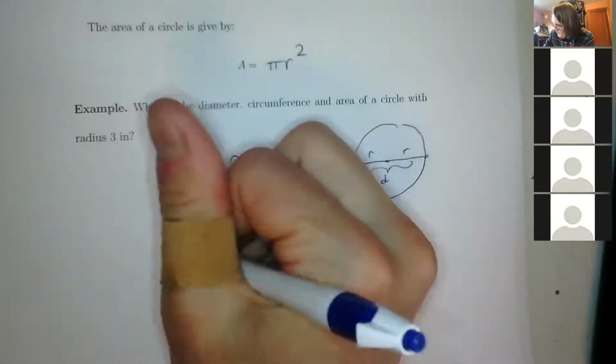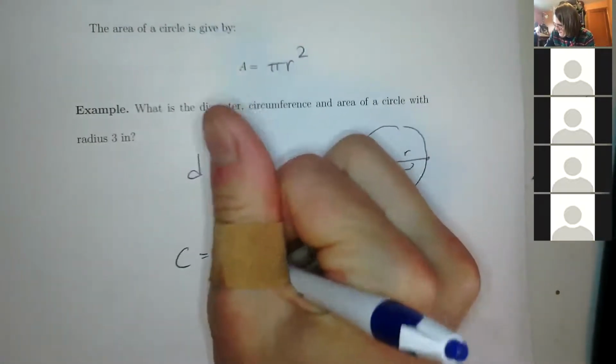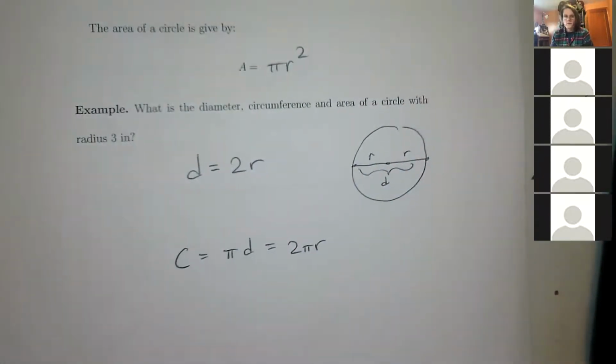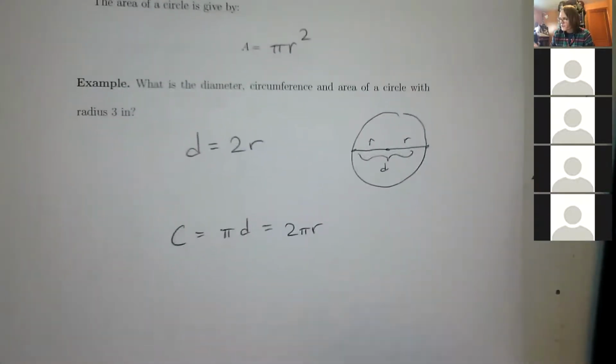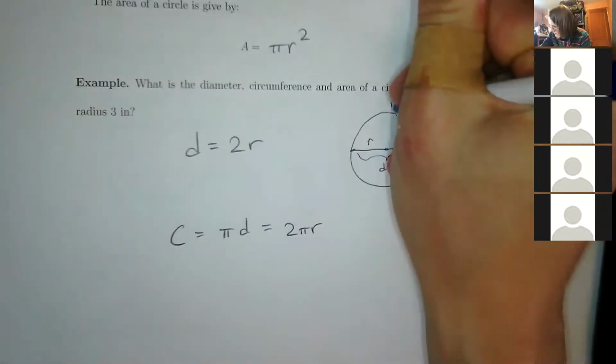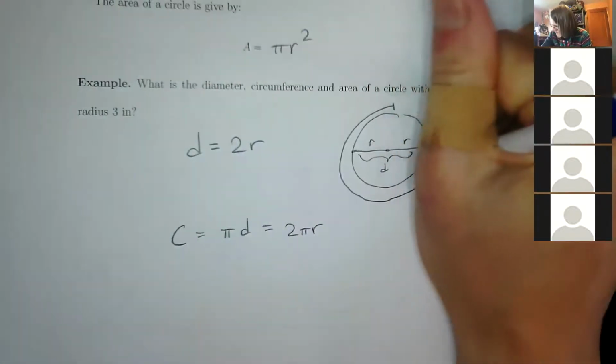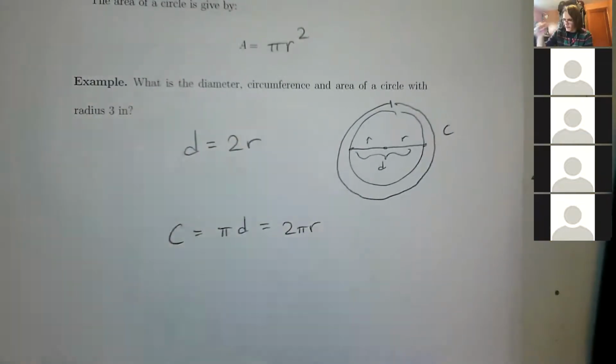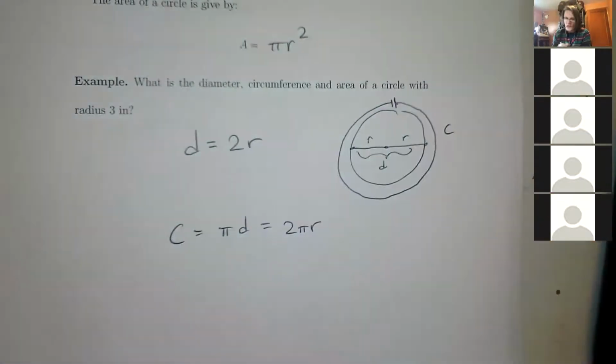What else? The circumference, we said, was pi d, or 2 pi r. So there are two ways you can do that one. Again, the circumference is the length around. If I put this little thing like that, that's my c. It's like the length around it. You can pretend it's a string that you've stretched.